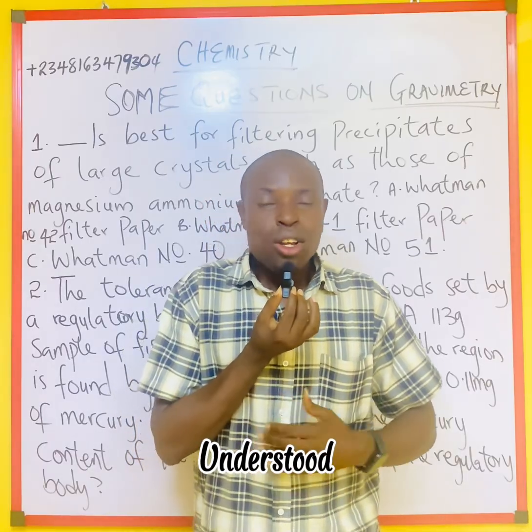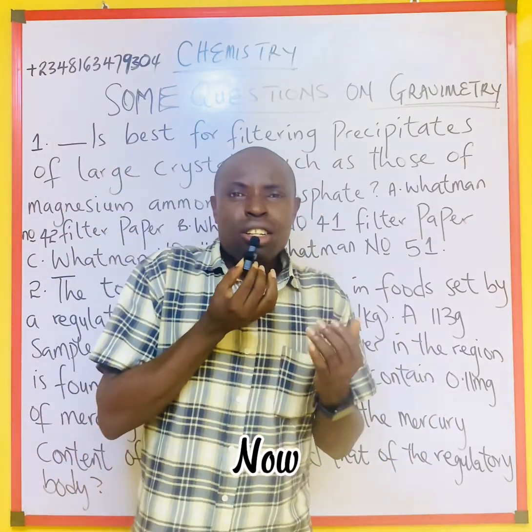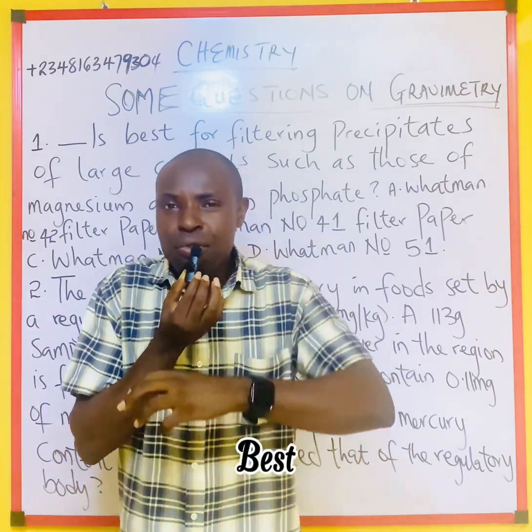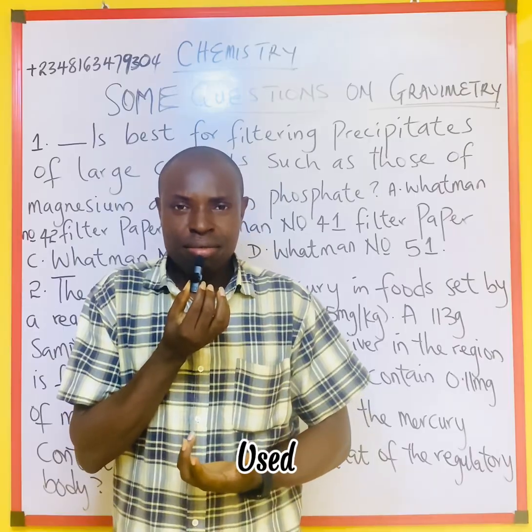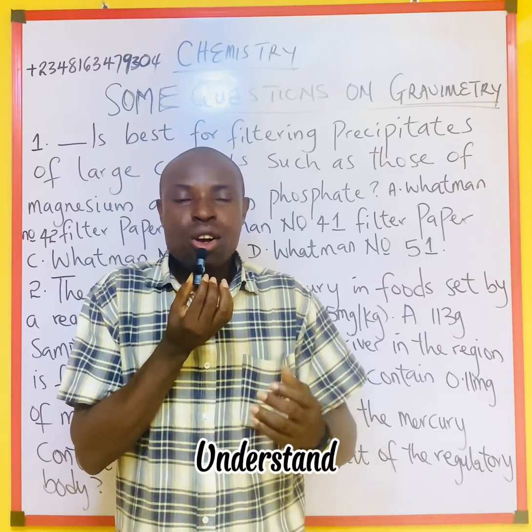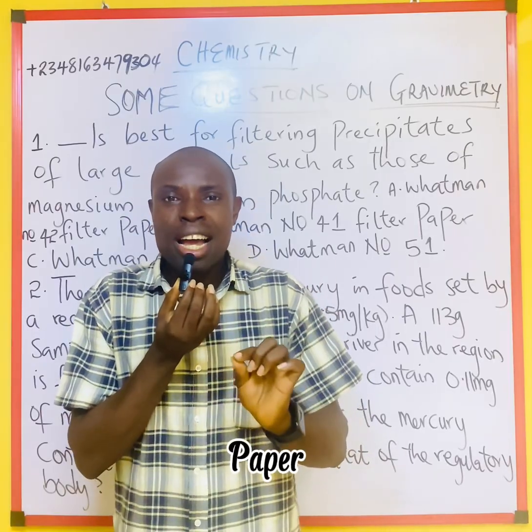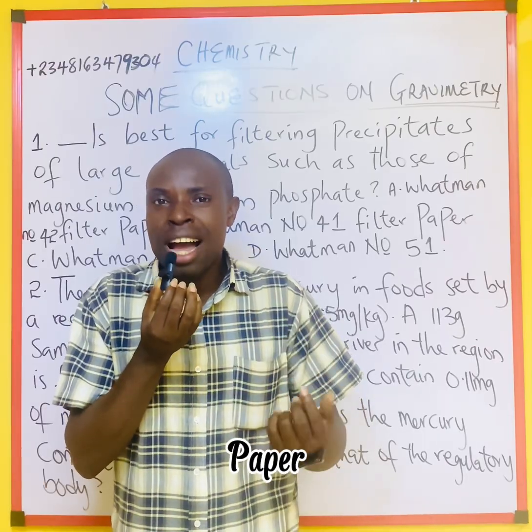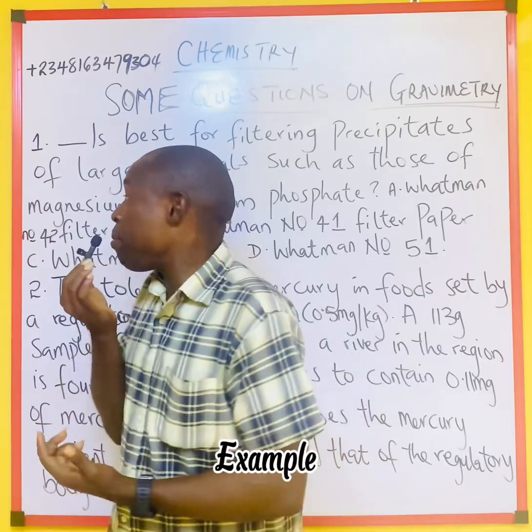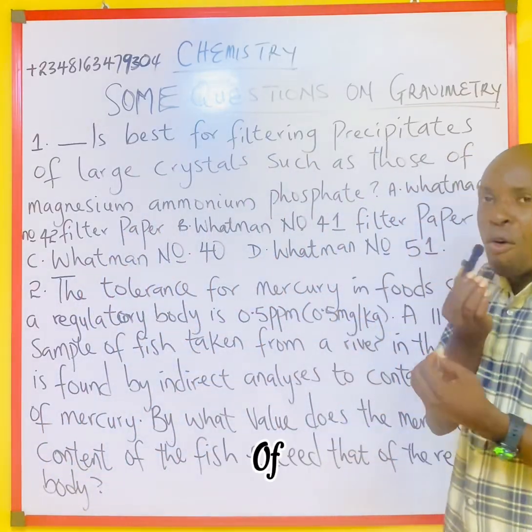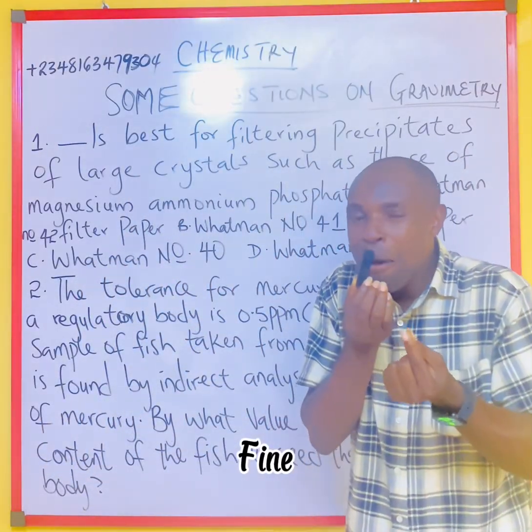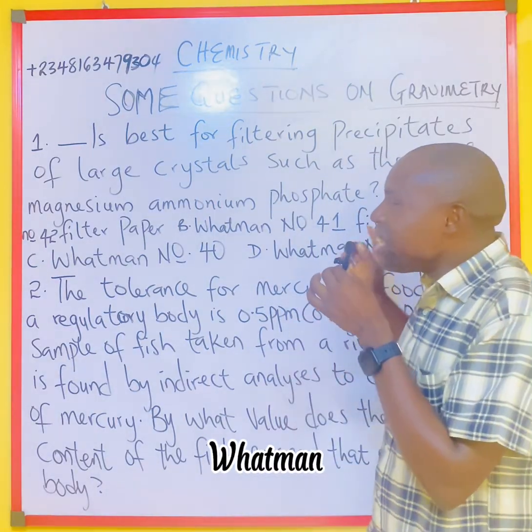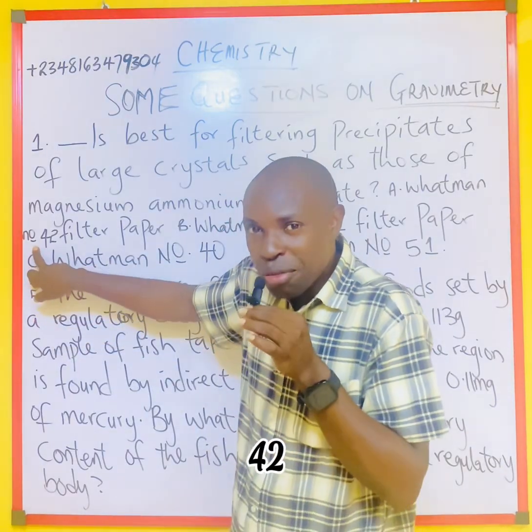Is that understood? Now, to actually understand the best filter paper, we need to understand what each of these filter papers is used for. Not all filter papers are used to filter precipitate. For example, in filtering very fine particles or very fine precipitate, we make use of Whatman number 42.